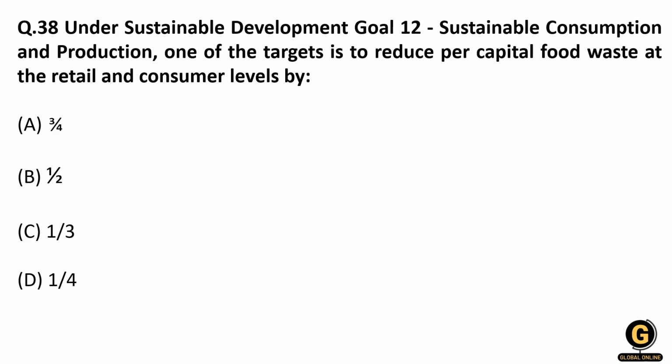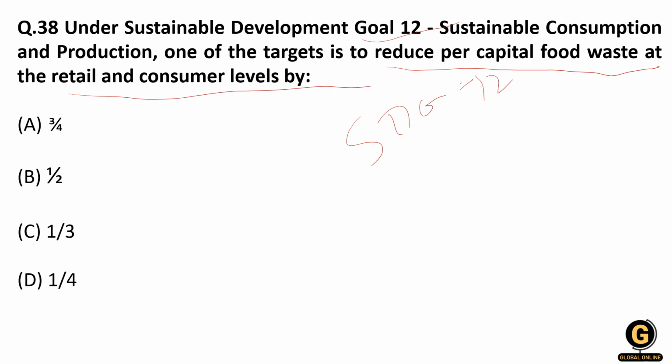Under Sustainable Development Goal 12, they have asked a question on SDG 12, sustainable consumption and production. One of the targets is to reduce the per capita food waste at the retail and consumer level. So what is the target?